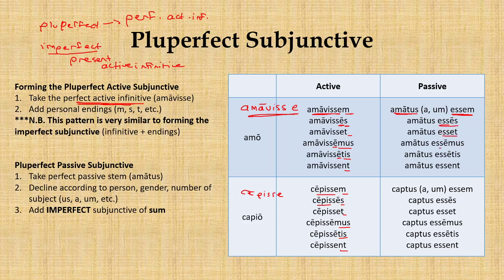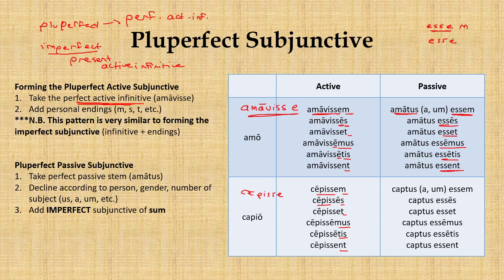And I'll go over this in just a second in the next slide, but the imperfect subjunctive of sum is quite simple to form as well. The only trick is, and it actually follows the exact same rules that we've seen, it forms off of the infinitive of the verb, and then all you do is add your endings to it.